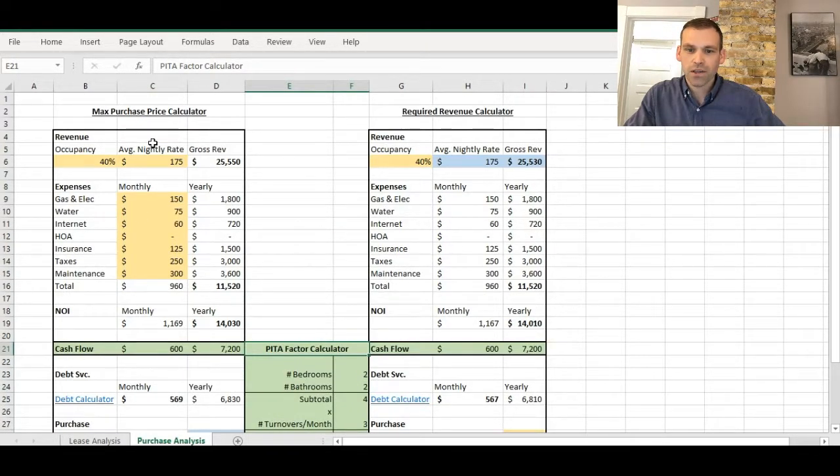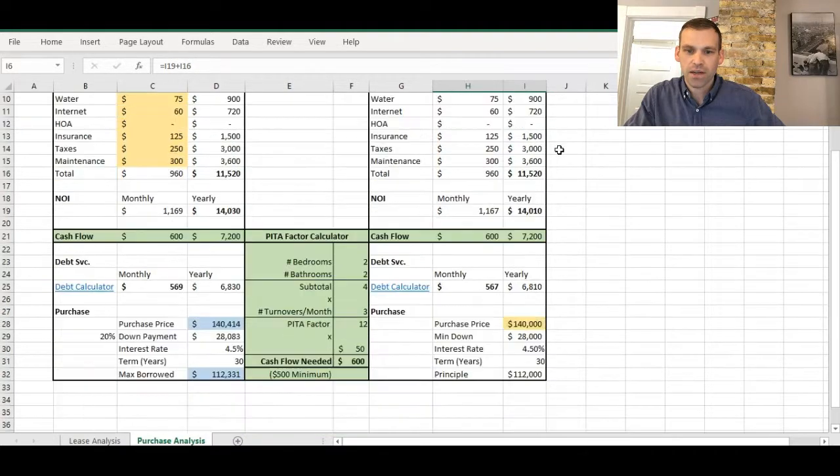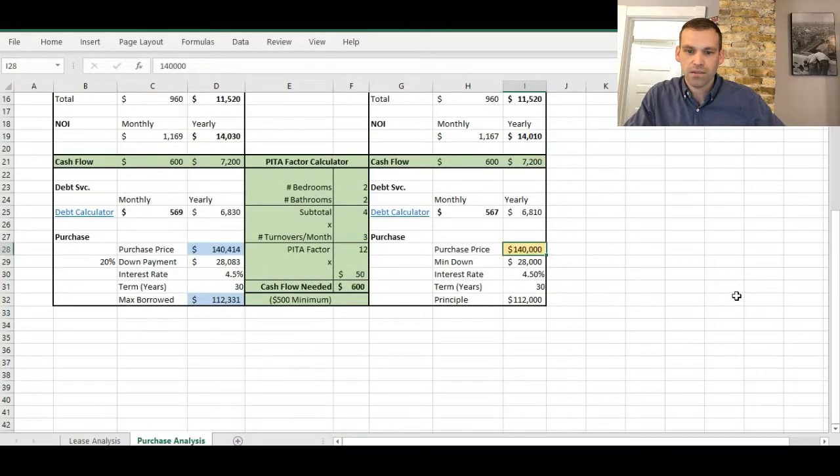So this calculator here is basically the reverse of this one over here. This one's going to tell me how much revenue do I need to generate based on a given purchase price. So if I see a property that's $140,000, I can plug that in. It's going to tell me how much I'm going to borrow based on a 20% down payment. If I put 20% down, I need to borrow this much. There's my monthly payment.